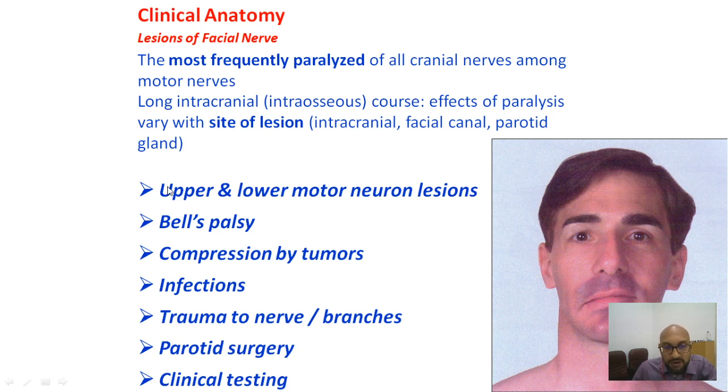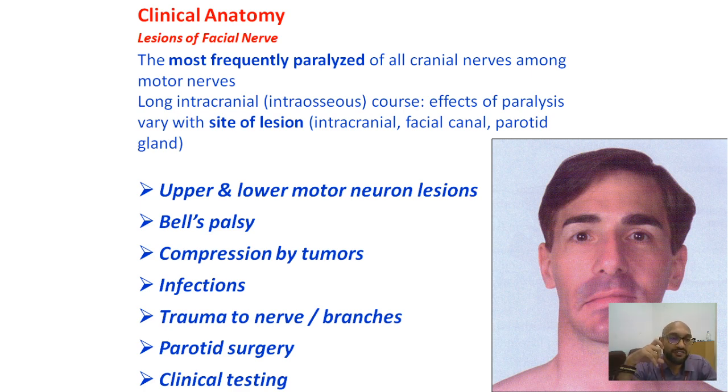Now what happens in an upper motor neuron palsy is that the facial nerve nuclear complex has got an upper part and a lower part. The upper part is meant for the muscles of the upper part of the face, and the lower part is meant for the lower part of the face. For the upper part of the face, the supranuclear fibers or the corticonuclear fibers, which are coming from the cerebral cortex, go to both sides, both nuclei, and therefore even if the corticonuclear fibers on one side are damaged, the other side can take over, so the upper half of the face is usually spared.